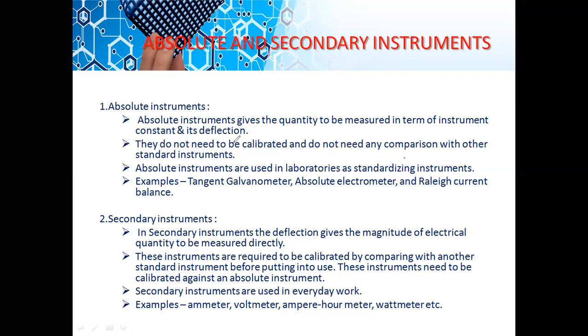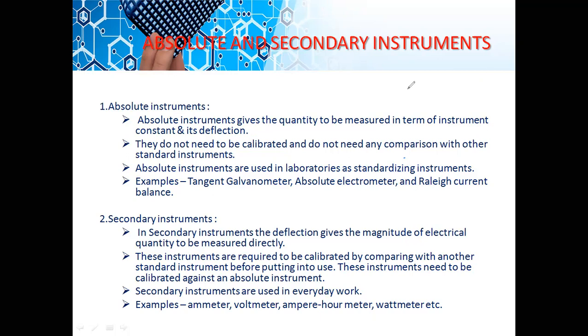They do not need to be calibrated and do not need any comparison with other standard instruments. Now, when we try to construct a meter, we need to calibrate generally.